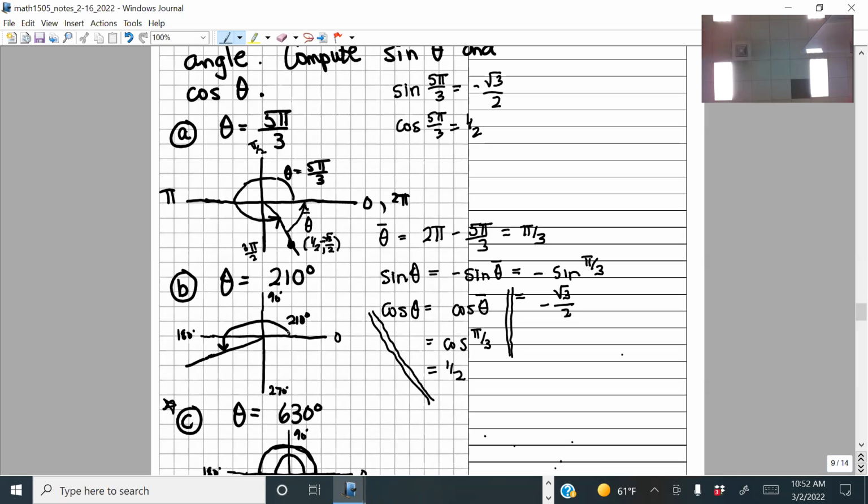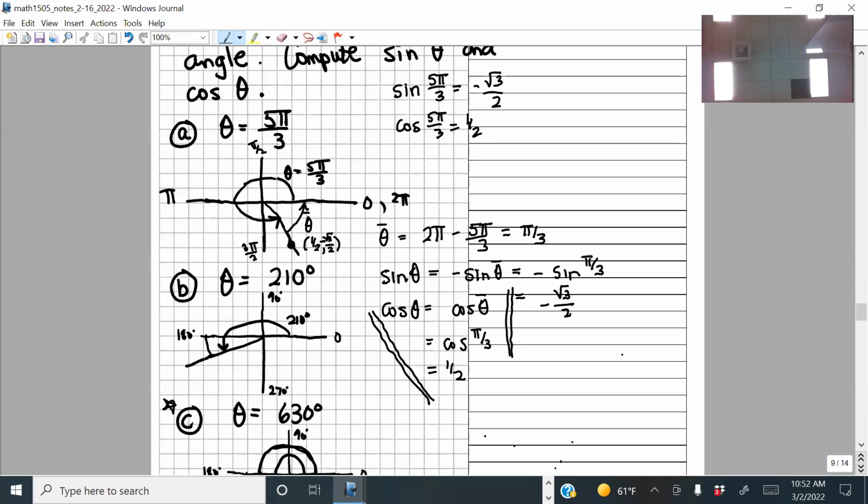Okay. So there I've drawn 210. 210 is slightly past 180, so it goes a little bit into the third quadrant. Remember, 180 is a full open angle, so 210 is a little bit more than that. And now let's find the reference angle. Remember, the reference angle is the positive angle between the terminal side and the x-axis.